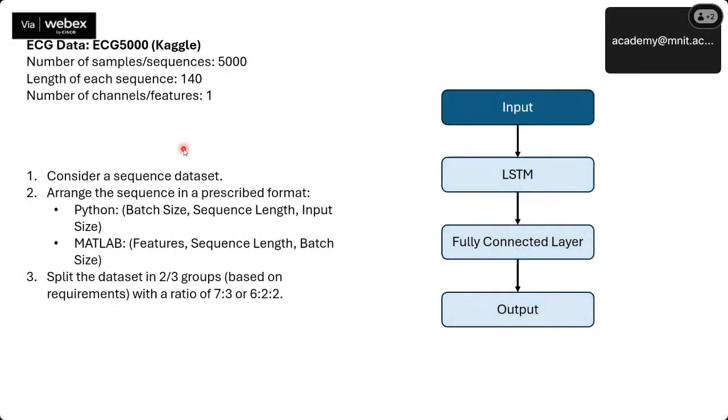So the first thing that we need to look at is the input, right? I'll again break it down. Are all sequences of the same length? Yeah, all the sequences are of the same length in this case. But you can use variable length sequences.